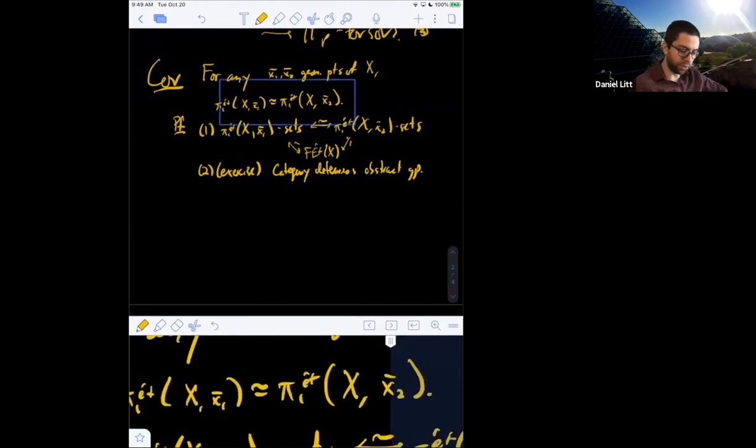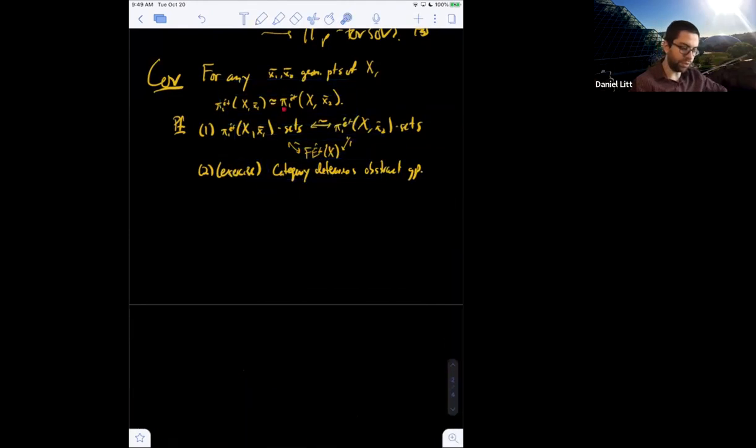What's actually true is that there's an isomorphism, not just an abstract isomorphism, but one that's well defined up to inner conjugation, just like in topology. In topology, if you have two base points, you can choose a path back and forth, and conjugating by that path gives an isomorphism between your two fundamental groups.